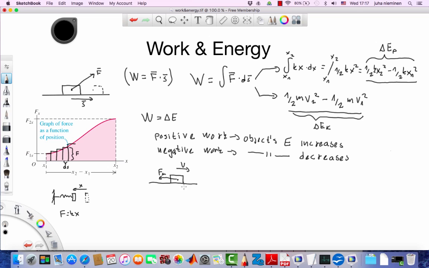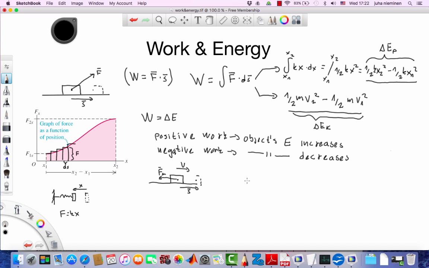So the box has some displacement in that direction. Let's say it stops at the displacement s. If you consider these as vectors F and s, because they're pointing in different directions, we see that the dot product becomes negative. So with the negative work, the object's energy decreases, which means that it slows down the box and eventually brings it to rest.